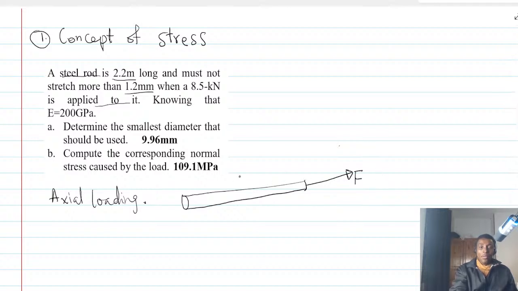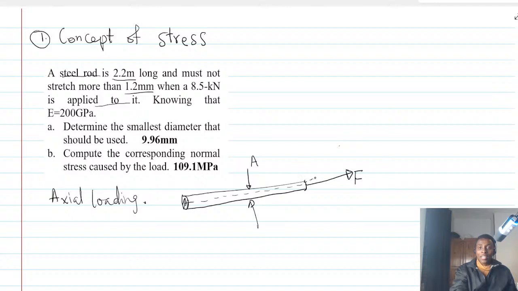Now let's say that the cross sectional area is A. Whenever you apply an axial load, it means that it is passing through the axis. Because of the axial loading, there is going to be elongation.